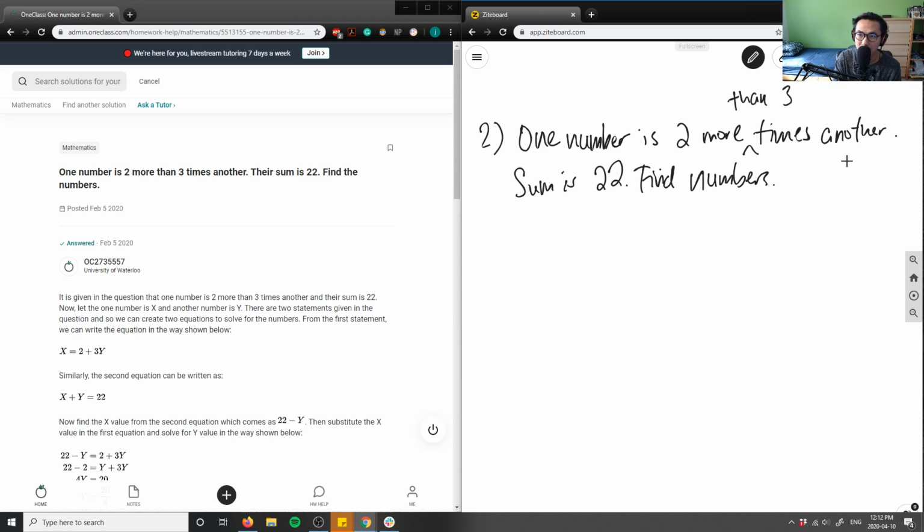Okay, so what I'm going to do is say let x be the first number, because there are 2 numbers, right? Then we have to create an algebraic expression for this word statement. It says one number is 2 more than 3 times another.